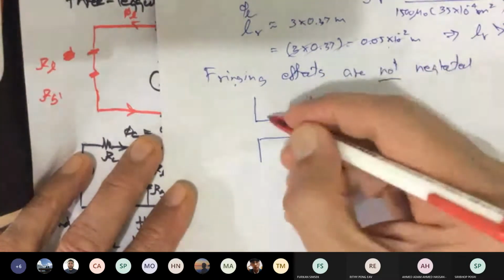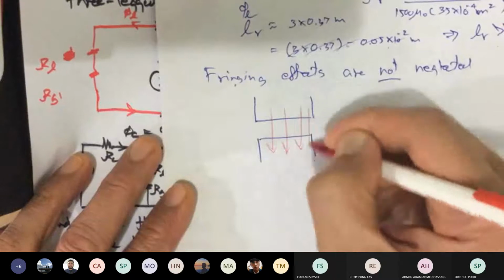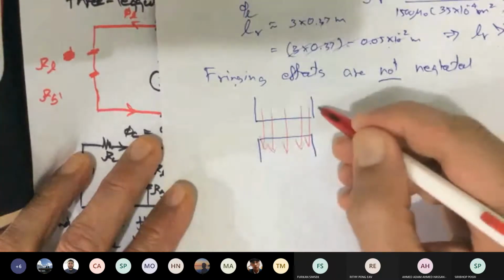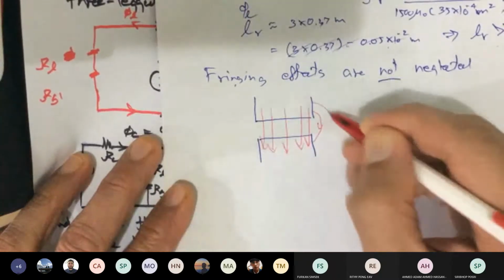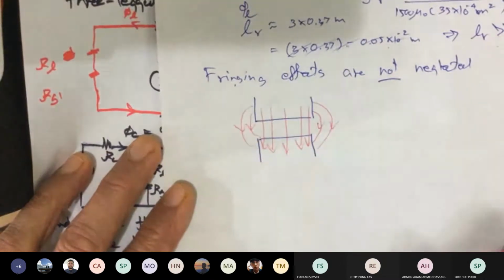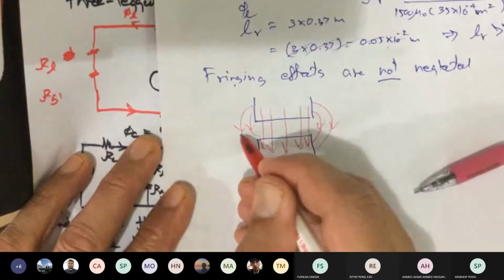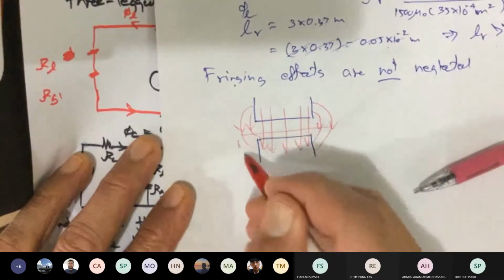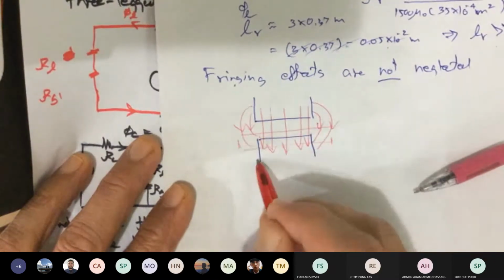So this is your path of the flux. The flux goes to the edges, the fringe. These edges here increase the cross-sectional area of the air gap. See, the distance would be wider compared to that of the core.